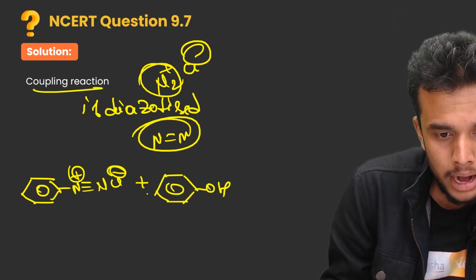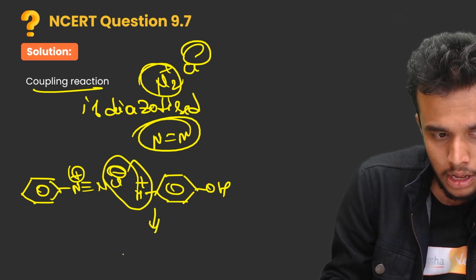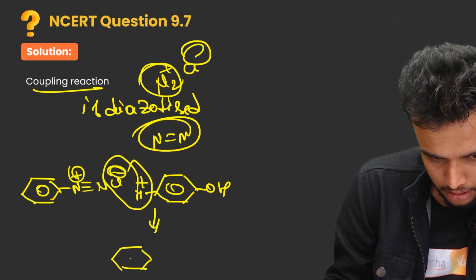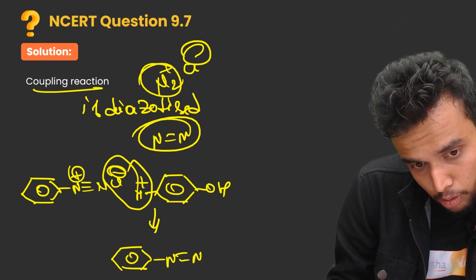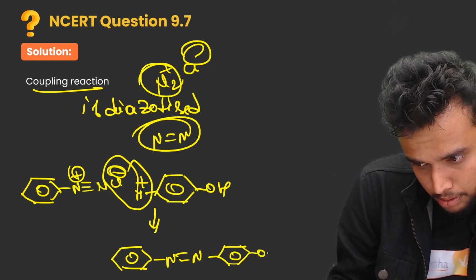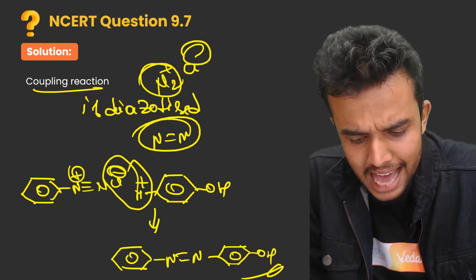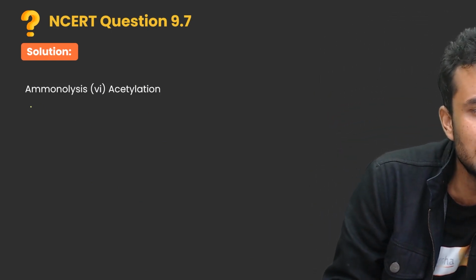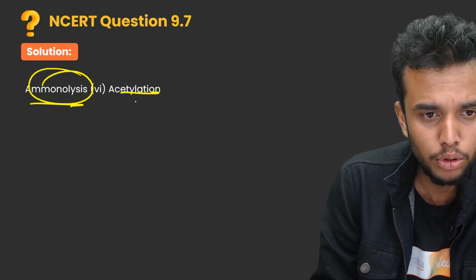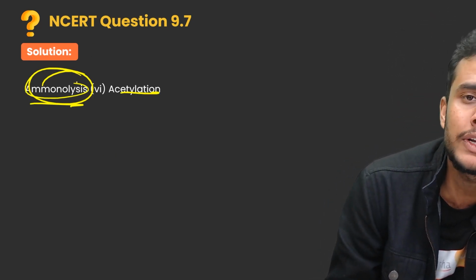Here one H is there, Cl minus is removed and it forms the coupled compound, N double bond N, OH. It's a simple reaction, right, students? It's clear. Let's move on to the next one, ammonolysis. Ammonolysis and acylation are both there. Let's explain ammonolysis. What is ammonolysis?